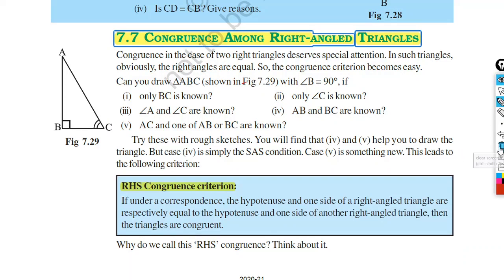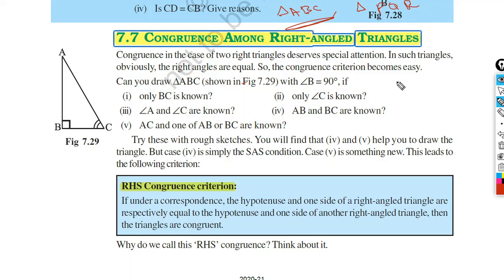Okay, so here what is the criterion? Suppose data is given to draw triangle ABC and triangle PQR, and what data is given?